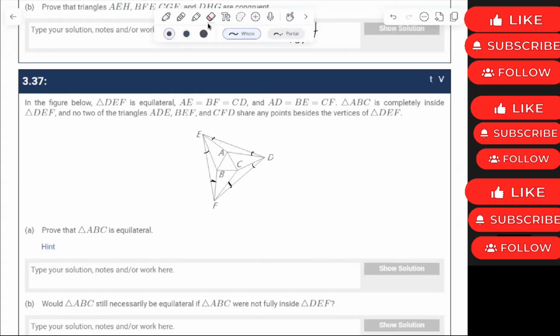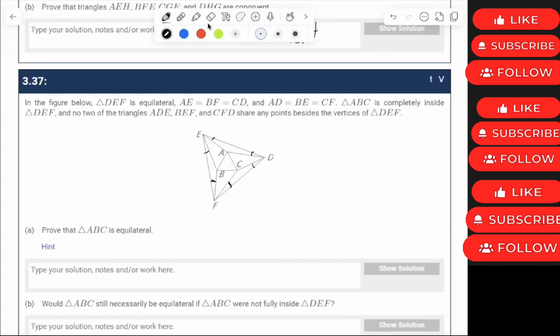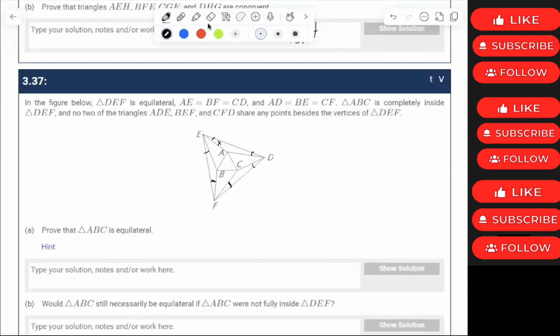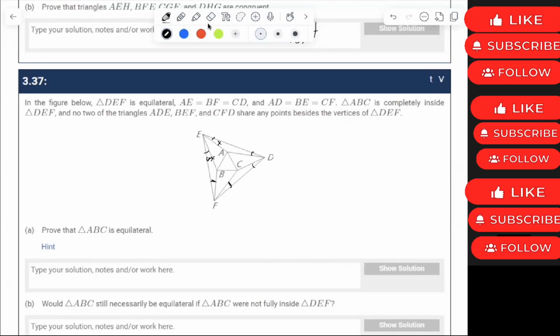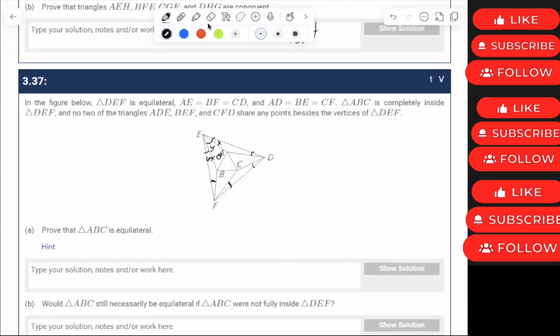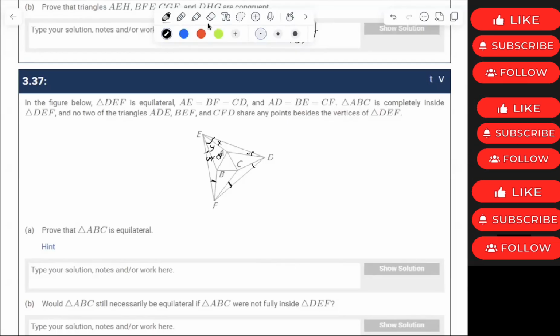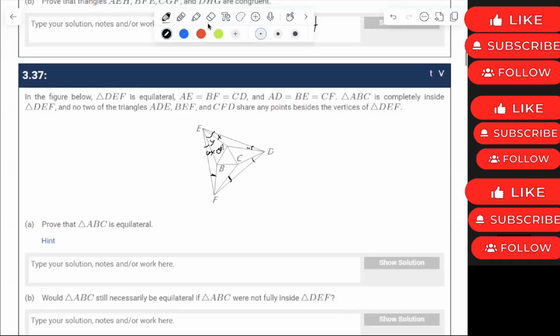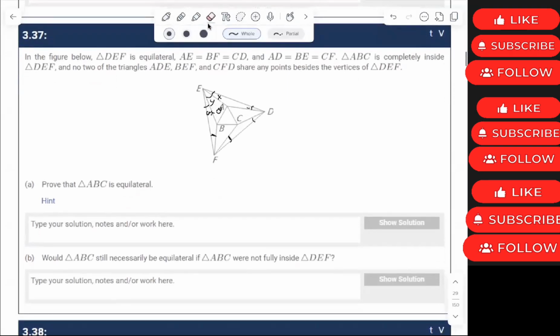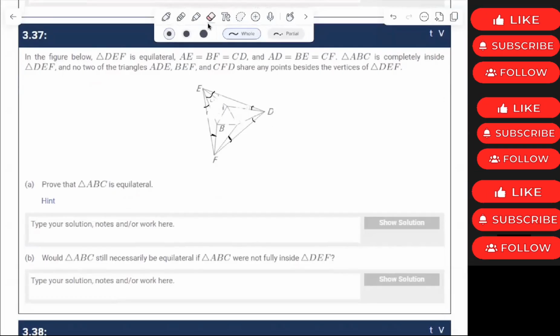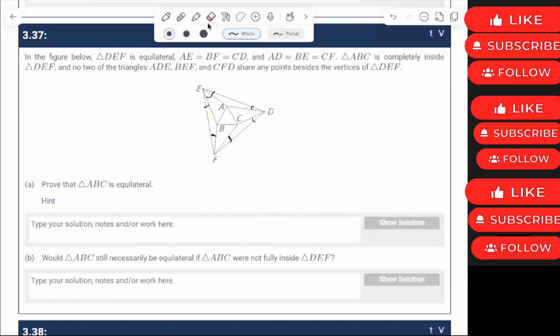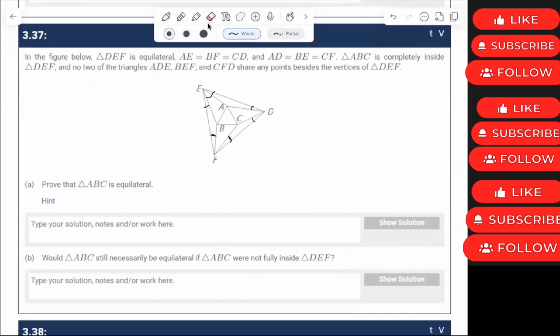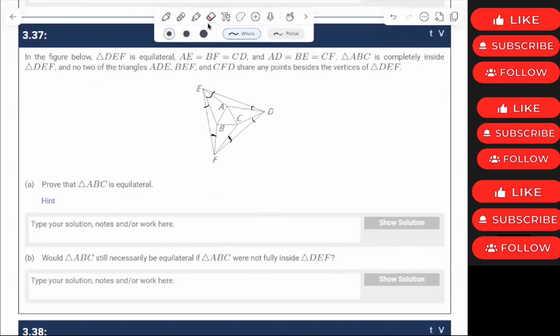If we say this is x, this is 60 minus x, and this is y. Is there any way we can find the angle? The first thing to think about is to try to find an angle, or do SSS.